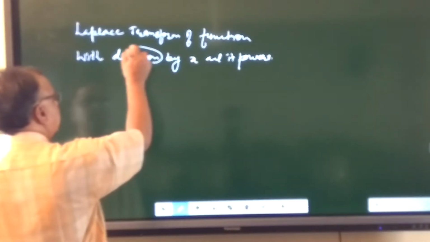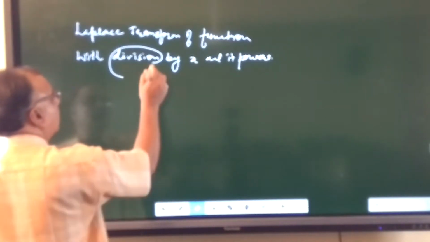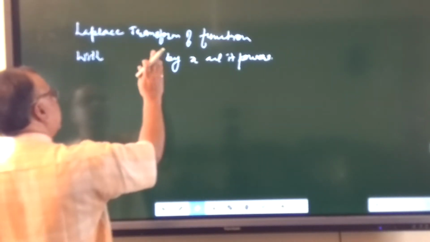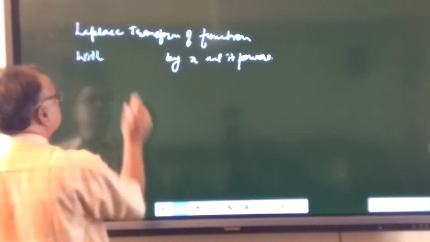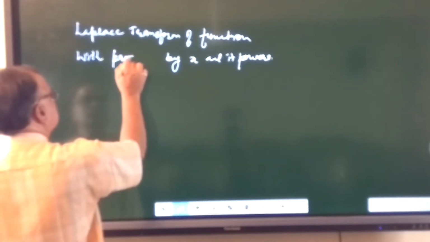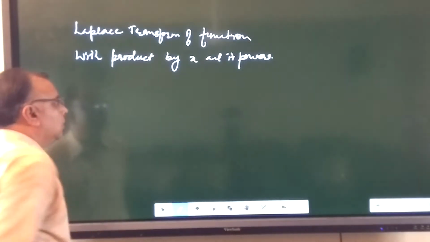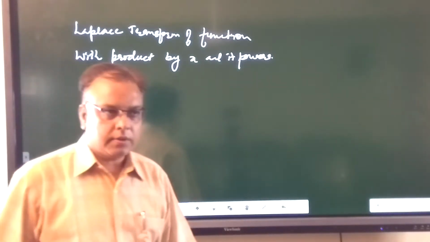First we discuss the multiplication, then division, with the product by x and its powers.